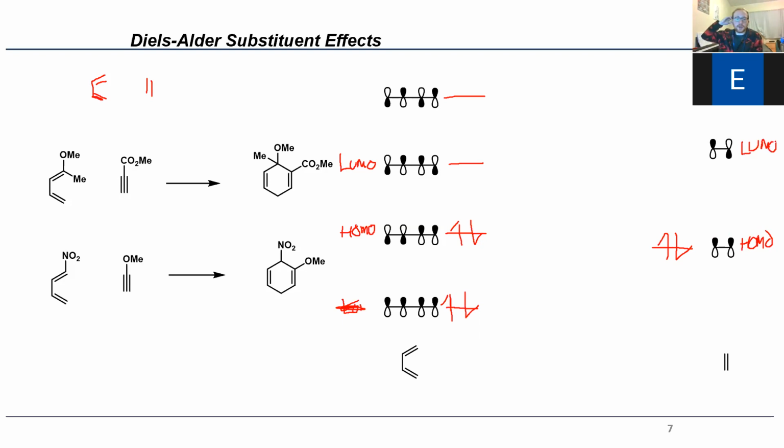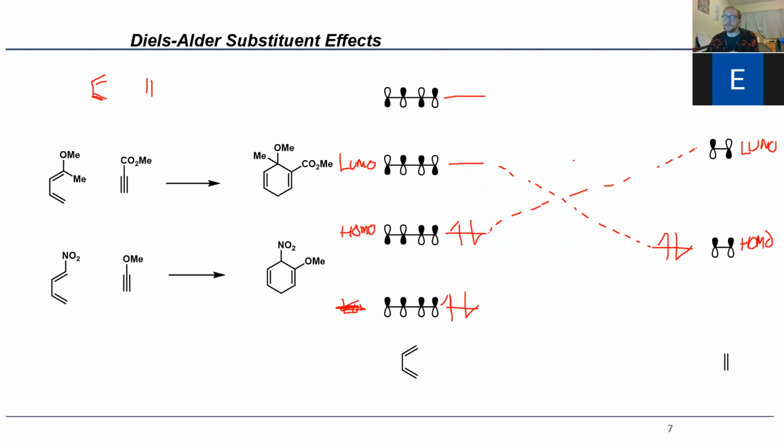And so for efficient reactivity, we need mixing of the frontier molecular orbitals, and so it's either going to be a reaction of the HOMO of the dienophile with the LUMO of the diene, or the HOMO of the diene with the LUMO of the dienophile. And the amount of overlap, or the difference in energy between those two levels, is going to describe electronically the barrier to this reaction.